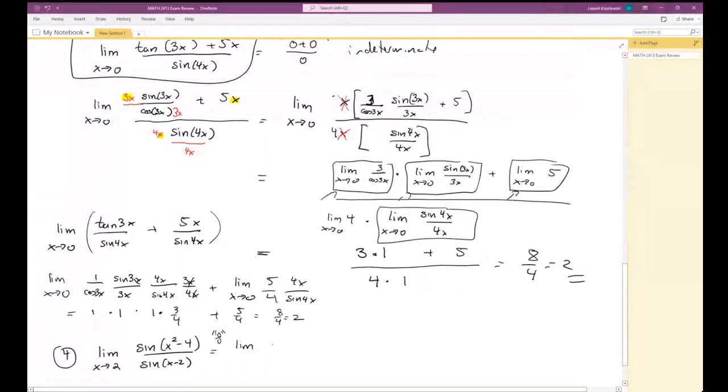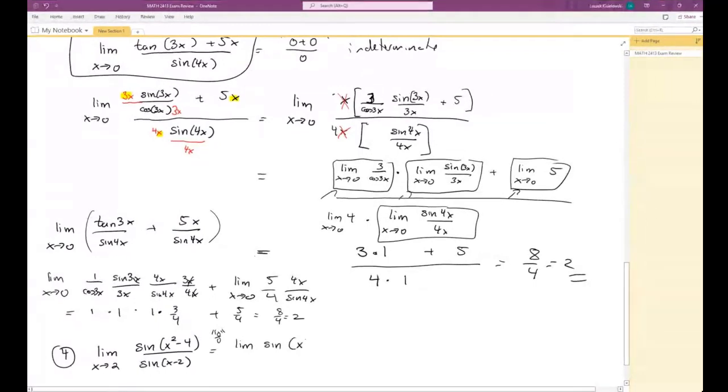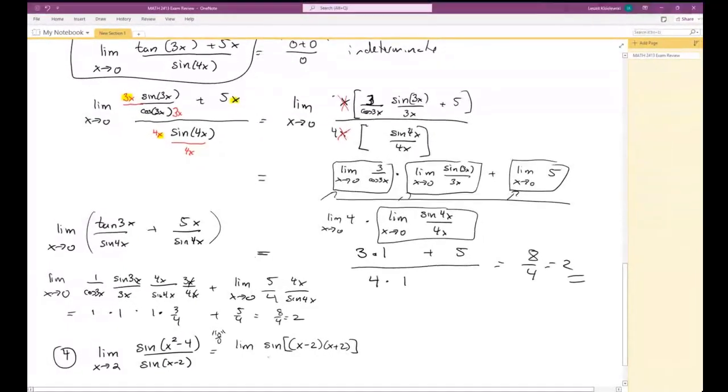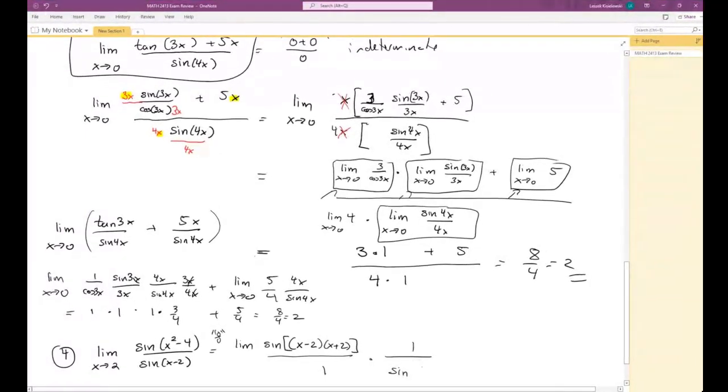So we can factor the argument of the sine, rather, I should say. And then we're just going to think of this as a product of two fractions, because using our special trig limits, we have to introduce a few things here.